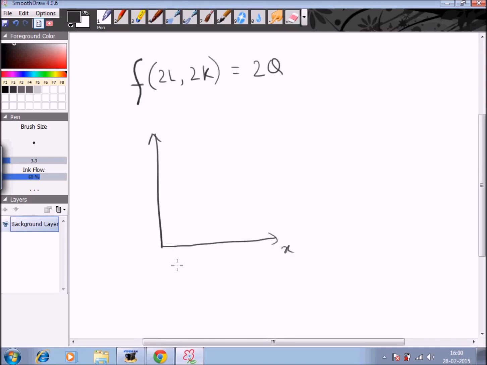On x-axis we take labor, on y-axis we take capital, and we get three isoquant curves.